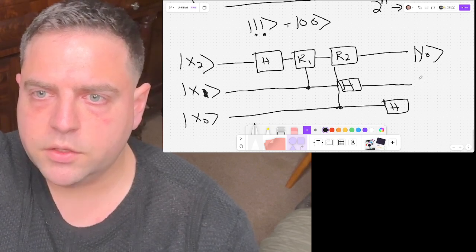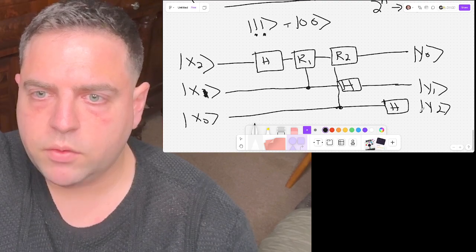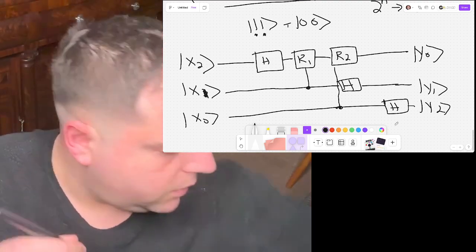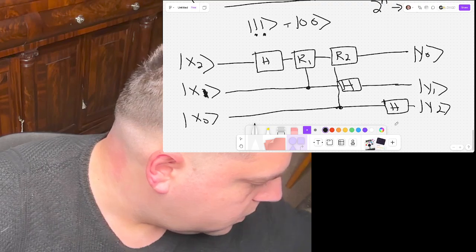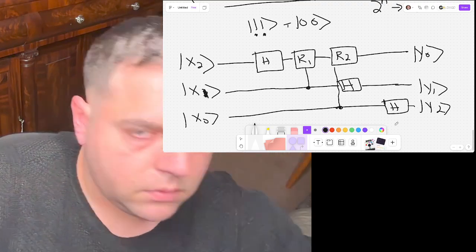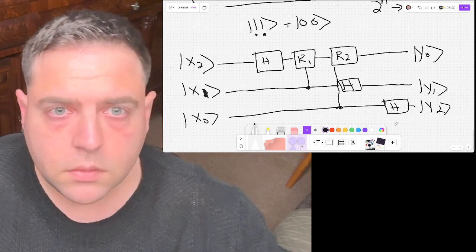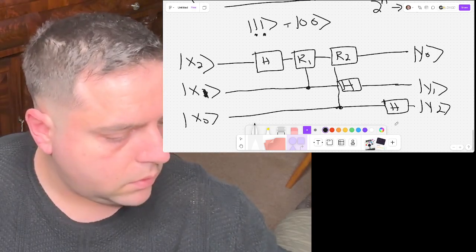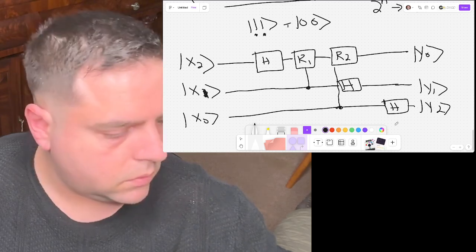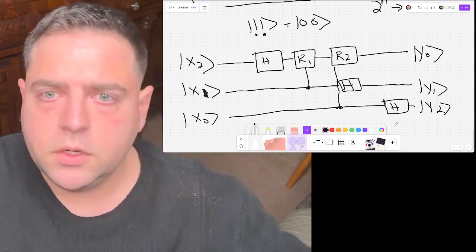And these are the digits of the new basis after the Fourier transform. Let me double check to make sure that's correct. Oh, I forgot an R1 here.